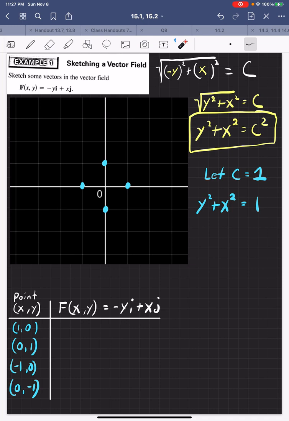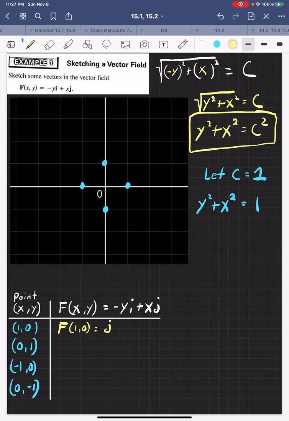So we're going to be plugging 1 in for x and 0 in for y. So what is that vector? Well, that vector f of (1, 0), the i is going to cancel out, and we're just left with 1j, or just j.